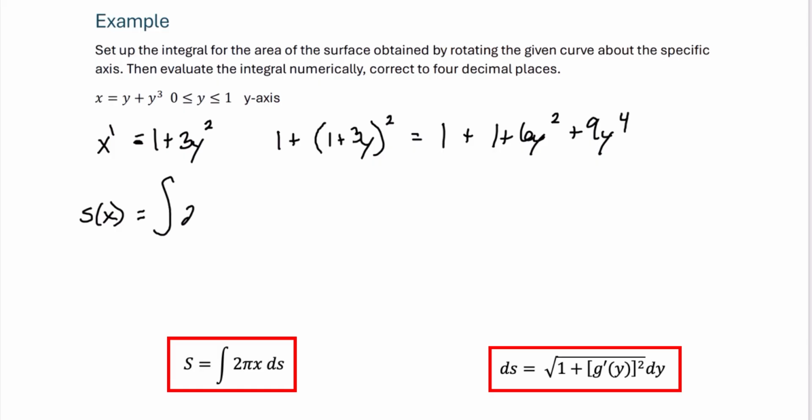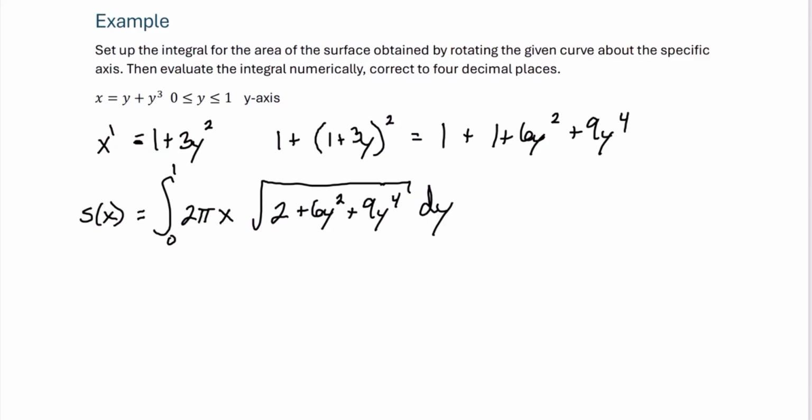We have 2 pi integral from 0 to 1, x in the square root of the value we just found. 1 plus 1 gives us the 2, and then we'll copy the rest. And dy.